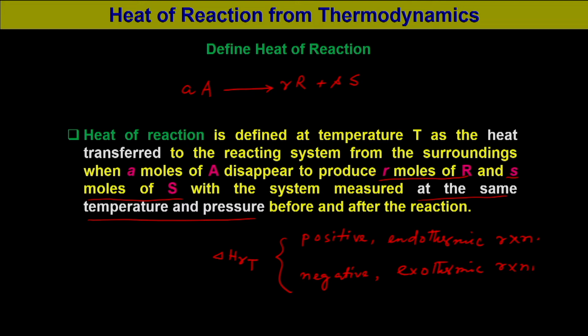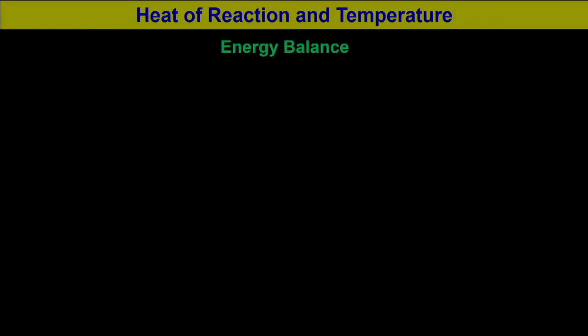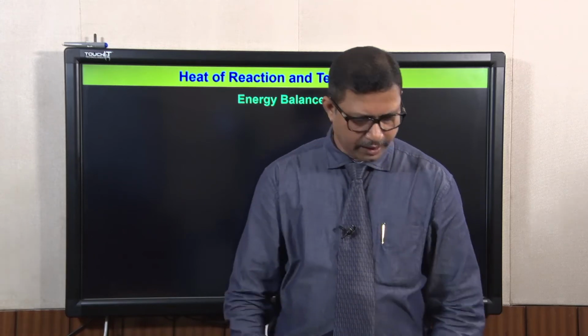So, positive for endothermic reaction and negative for exothermic reaction, delta H R T, that is heat of reaction at a temperature T, and this heat is defined as the amount of heat transfer from the surroundings to the reacting system, when these reactions happen as per their stoichiometric composition, and the system is measured at the same temperature and pressure before and after the chemical reaction.